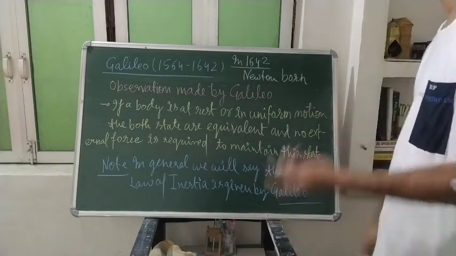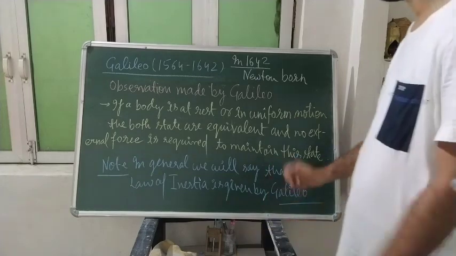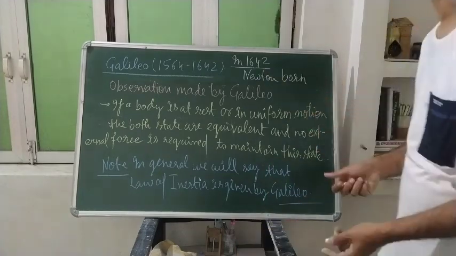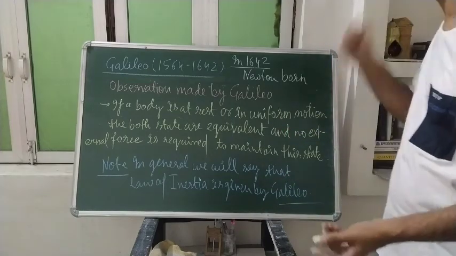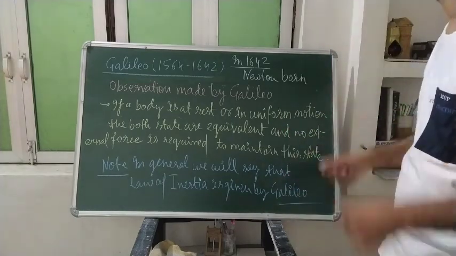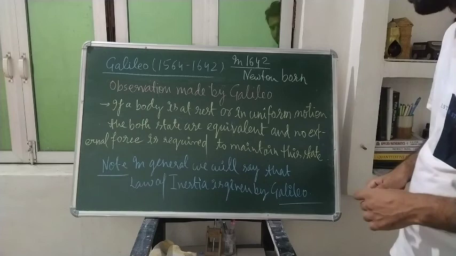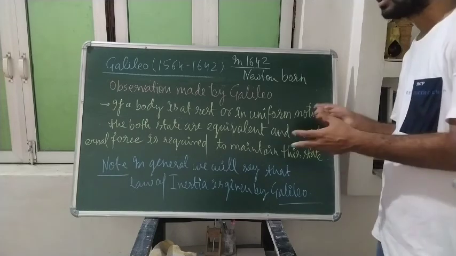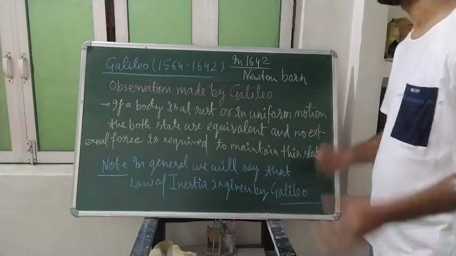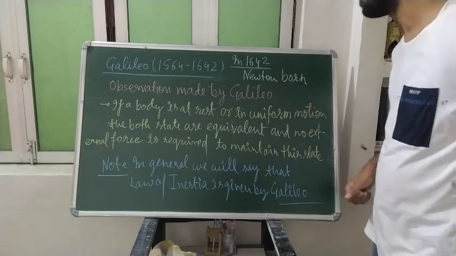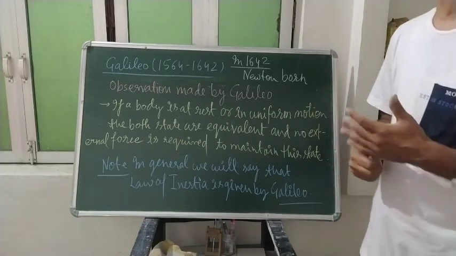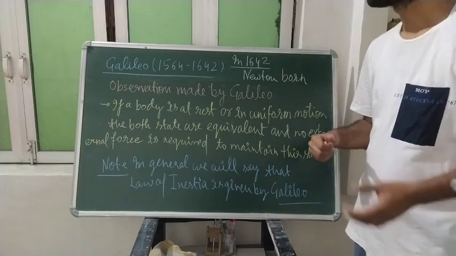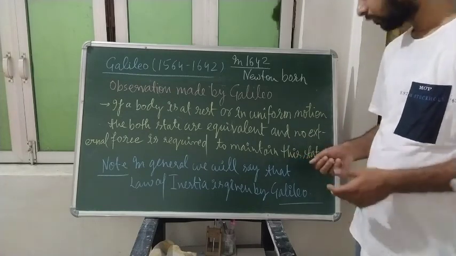So in 1642 Galileo is dying and Newton is being born. He will pile up all these theories and give Newton's laws of motion, and those laws of motion we will study in the next session.